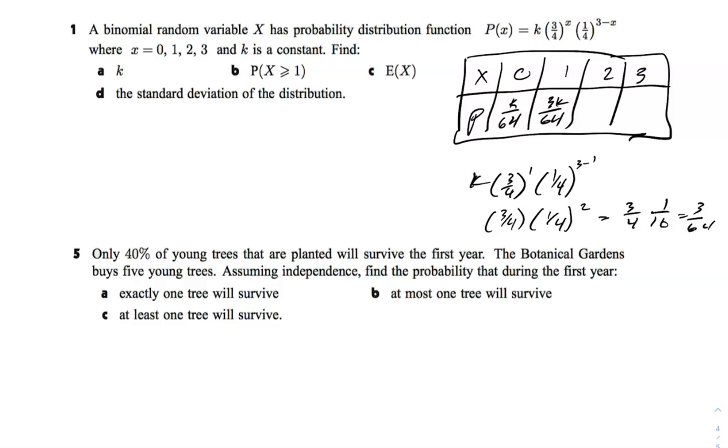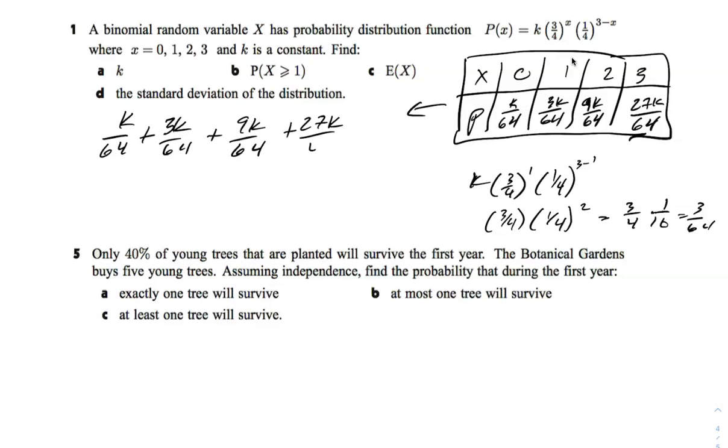I plug in 2, so I get 9k over 64. We'll go a little faster now. Plug in 3, that's going to be 27k over 64, and the other factor is just 1. So that's my probability distribution. And then what we're going to do is set it all equal to 1. So k over 64 plus 3k over 64 plus 9k over 64 plus 27k over 64 equals 1. Multiply everything by 64.